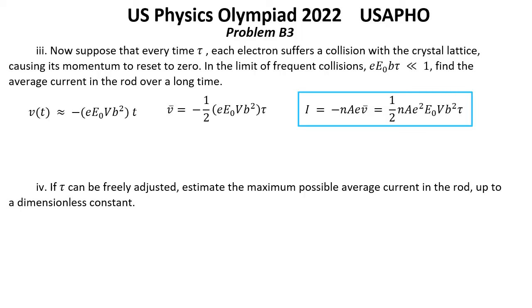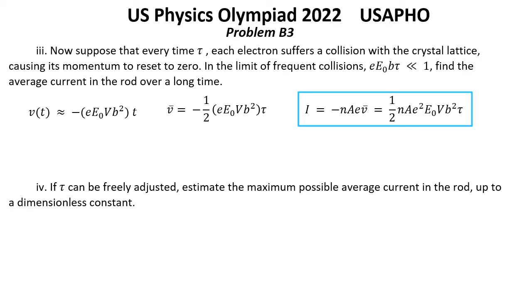Number 4. If tau can be freely adjusted, estimate the maximum possible average current in the rod up to a dimensionless constant. Solution. If tau is small, then more frequent collisions slow down the current, as we showed in part B3. But if tau is very large, then the current cancels itself out due to Bloch oscillations, as we showed in part B2.